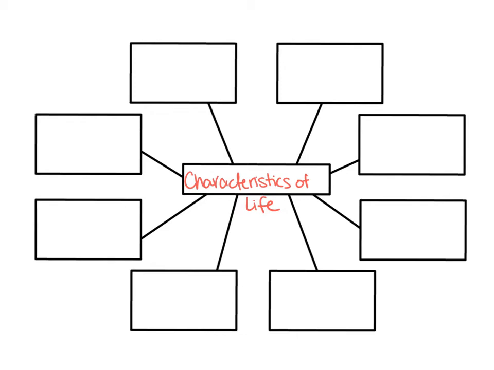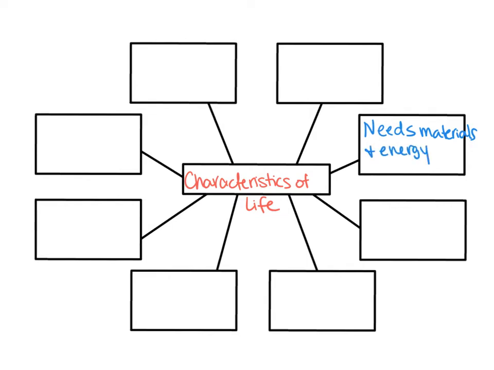So we know that everything that's alive is going to need to take in some material. Most everything that's alive is going to need water, right? But that's not all that living things need. They need food. They need to take in nutrients and food for energy, and they need to get rid of waste products. So everything that's alive needs materials, but they also need energy, right?